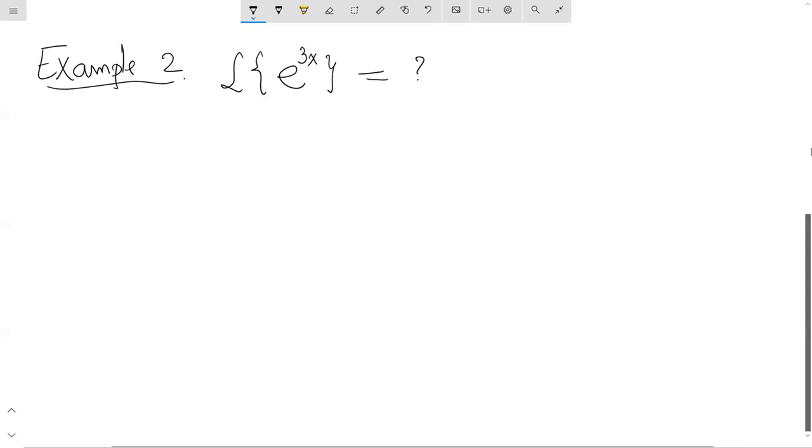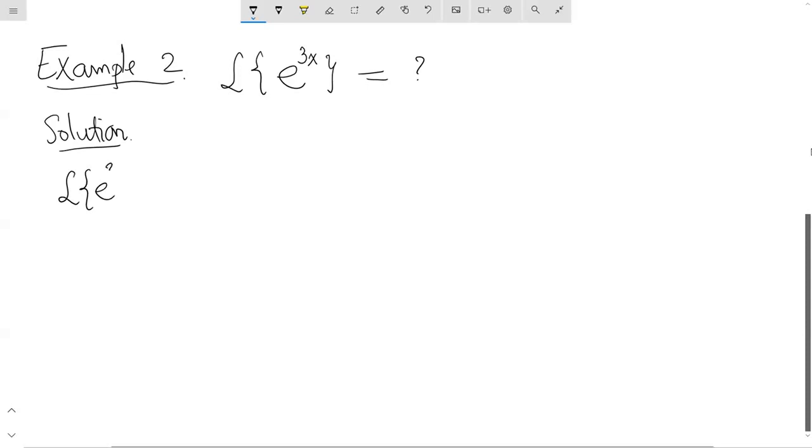Now let us look at another example. Find the Laplace transform of, say, e to the 3x. We begin by writing down the definition.